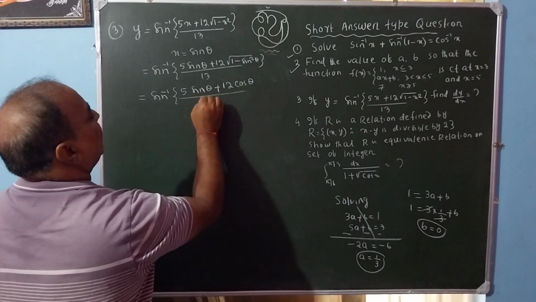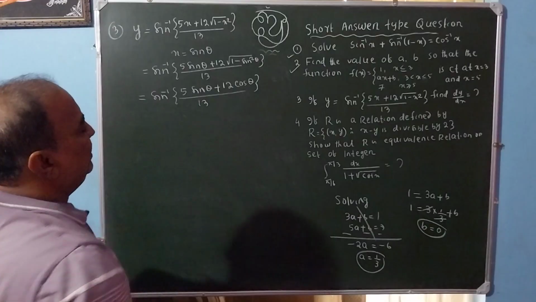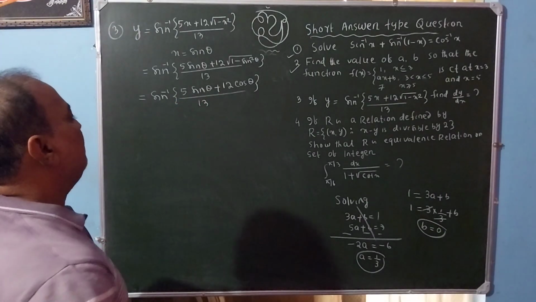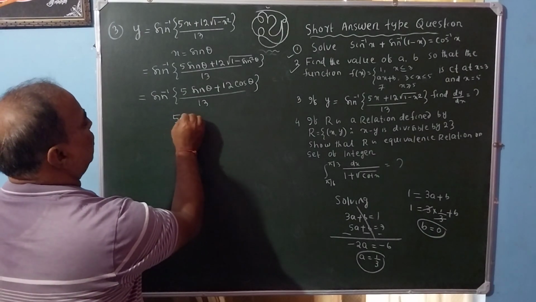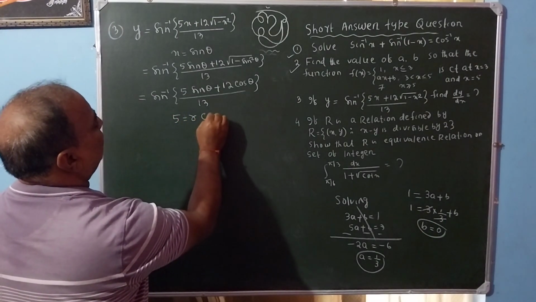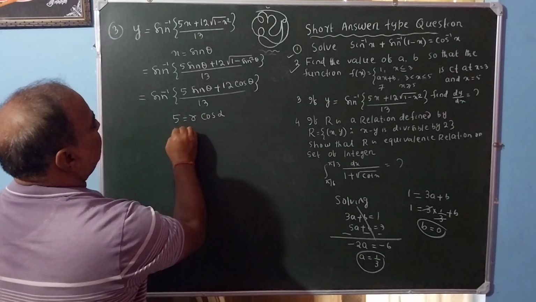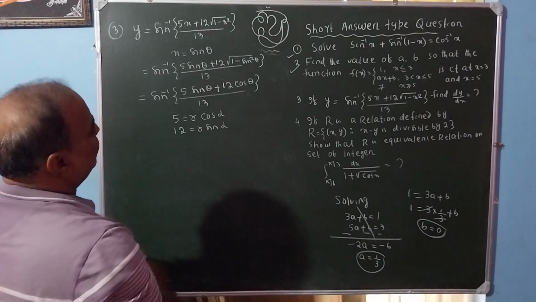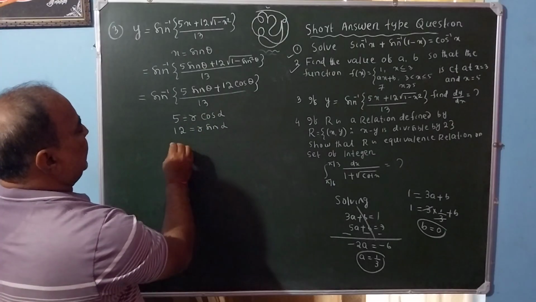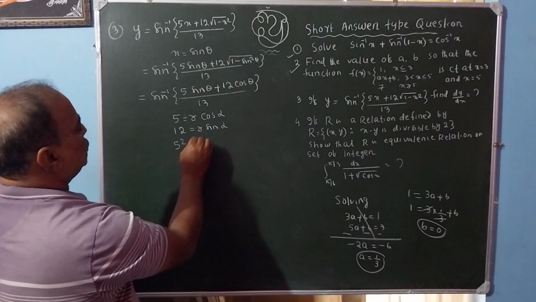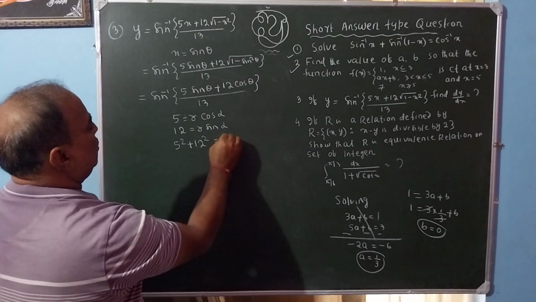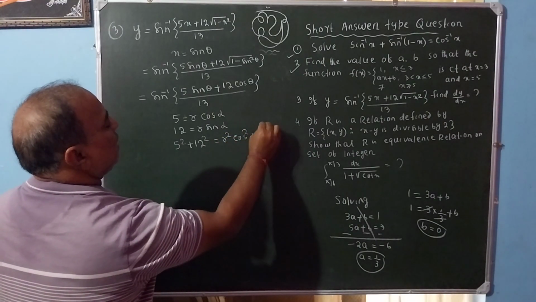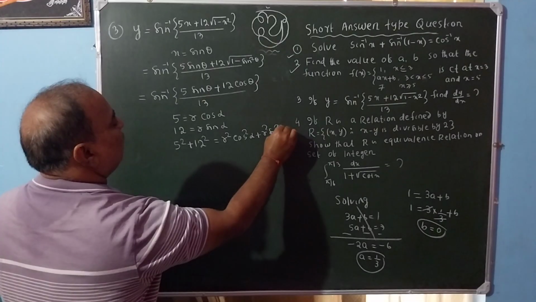Divided by 13. So this is of the form a sin theta plus b cos theta. Put 5 equal to r cos alpha and 12 equal to r sin alpha. Squaring, 5 squared plus 12 squared is equal to r squared cos squared alpha plus r squared sin squared alpha.